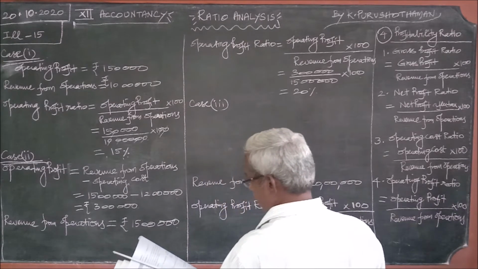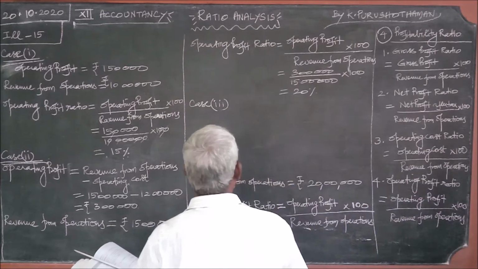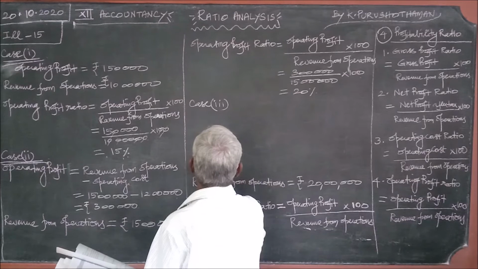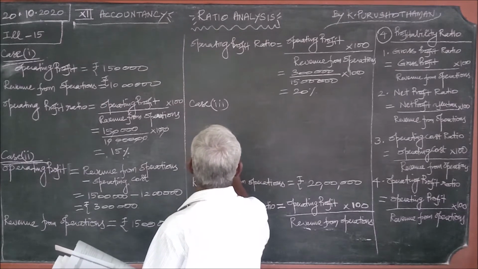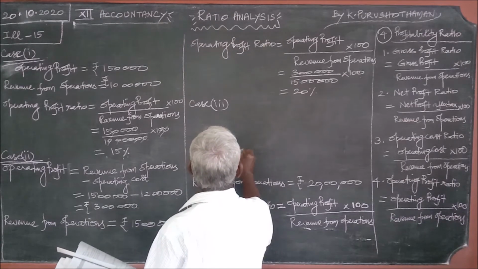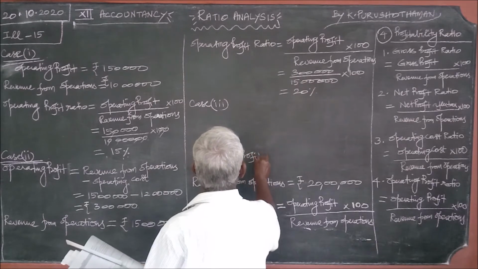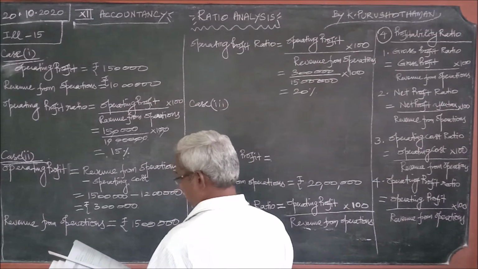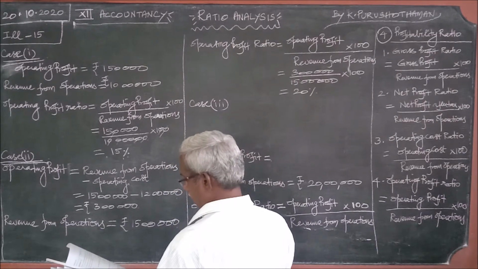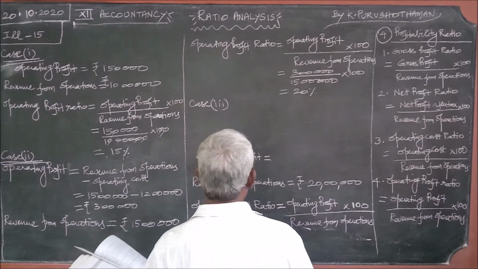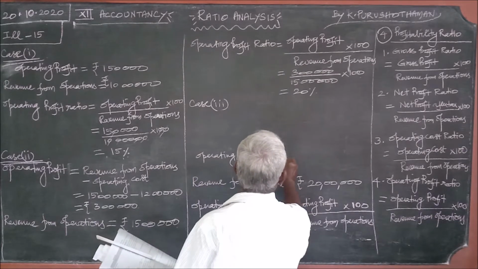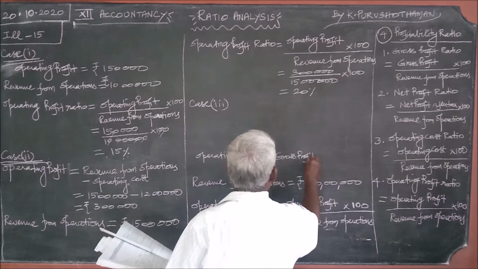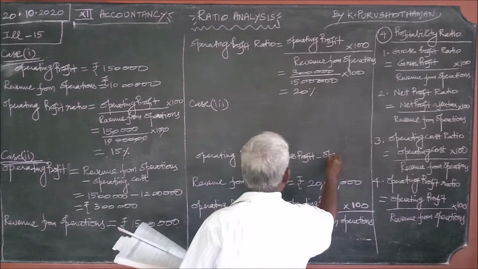How to find the operating profit? Listen how I am approaching the problem. Operating profit is equal to gross profit minus operating expenses.